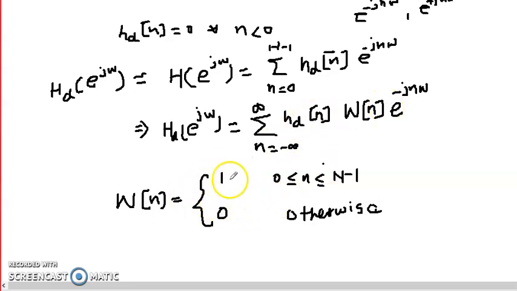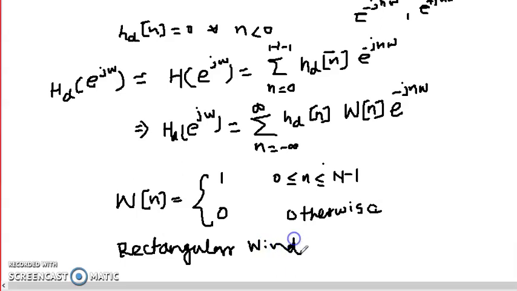Mathematically, w(n) can be written like this, and this is called a rectangular window. And this technique is called windowing.